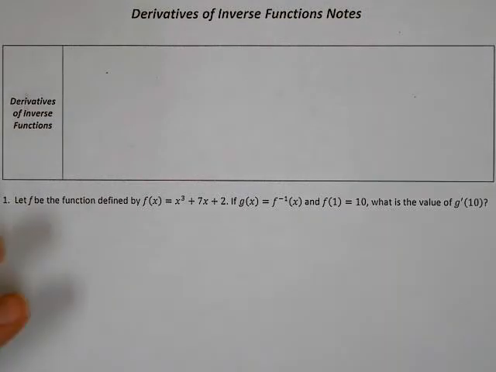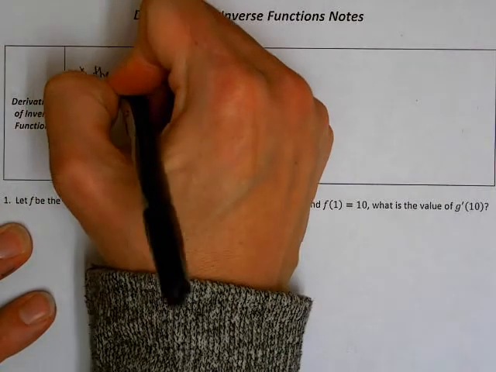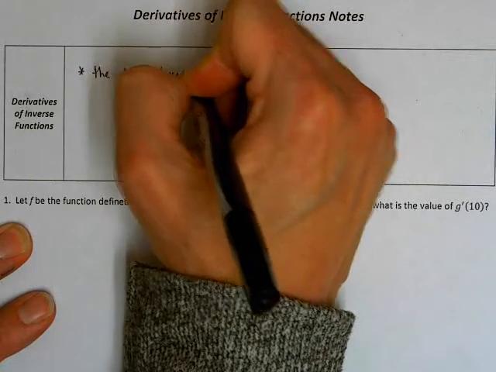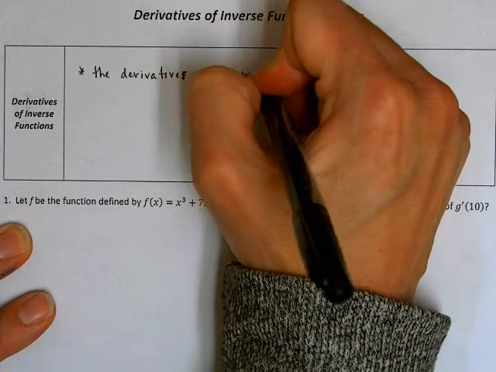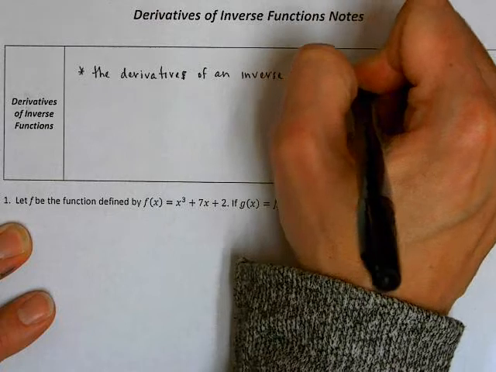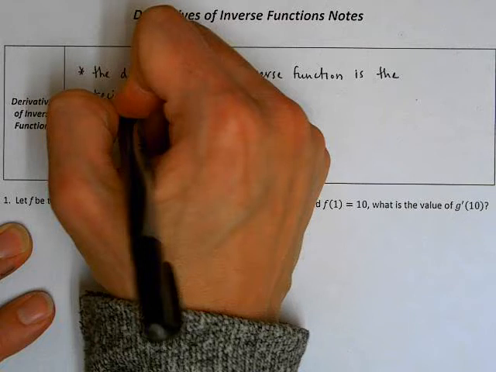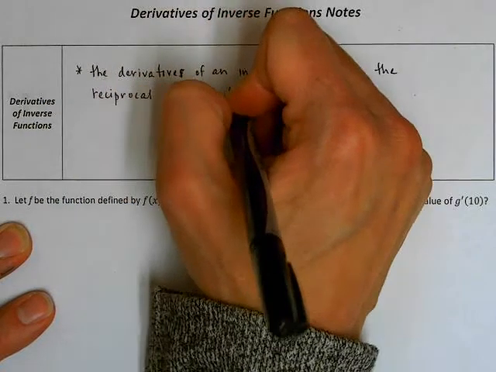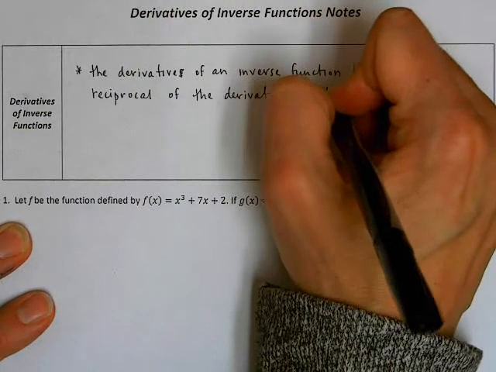So the first thing that we need to remember, and we saw this in our little investigation, is that the derivative of an inverse function is the reciprocal of the derivative of the original function.